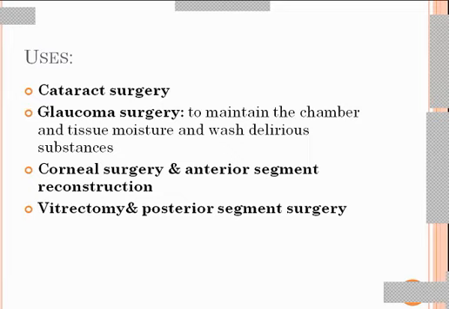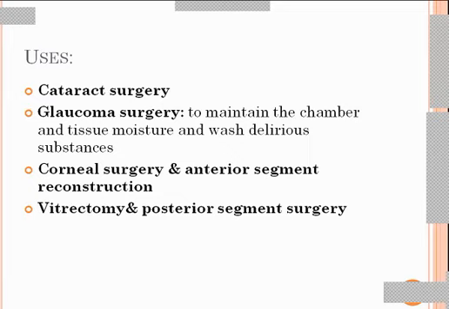Corneal surgery and anterior segment reconstruction. Corneal surgery also, for keeping the cornea moist and maintaining corneal nutrition, we use this irrigating solution. And anterior segment reconstruction means immediately after removing the nucleus from the eye, there will be collapse of the anterior chamber.